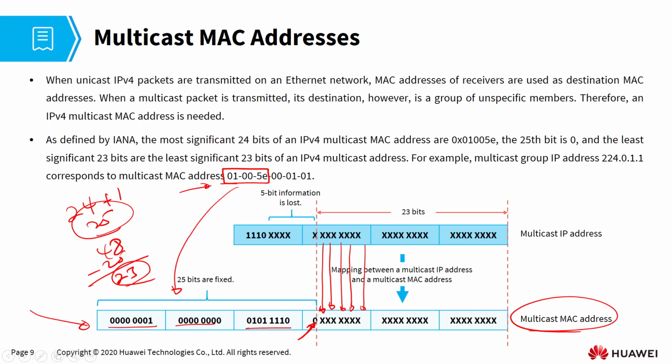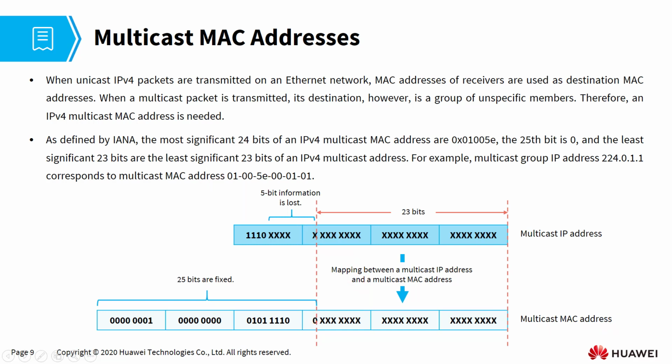That is very, very important. But it has an interesting thing to it that I want to note right here. We are saying the most significant 4 bits of an IPv4 multicast address are always fixed. These 4 bits are always 1110, which map to the leftmost 25 bits of the multicast MAC address.